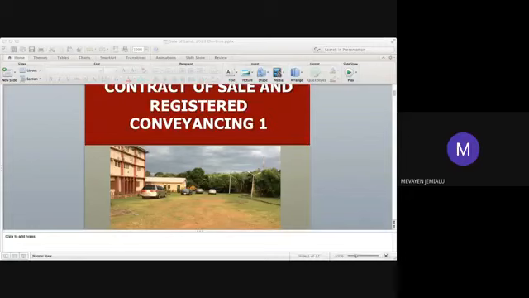Now we go on to what is conveyancing. We can simply say that this is the process by which interest or rights in land, that is realty, different from personalty, are created or transferred from one person to another. There are usually two parties in a sale of land or conveyancing transaction. The person selling, or the person transferring his interest, is known as the vendor or seller.